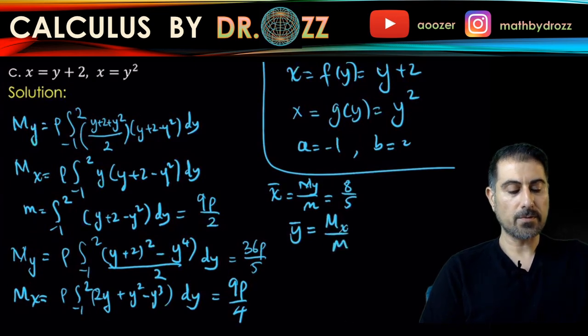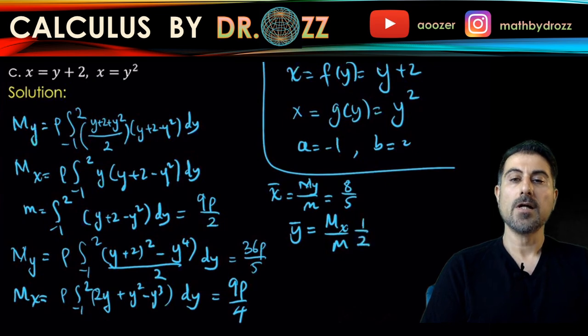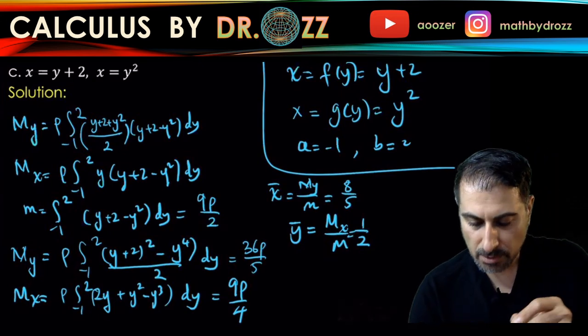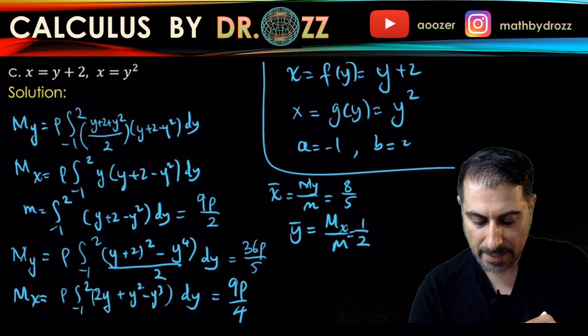Okay, it's just going to be 1/2. So this tells you the x and y coordinates of the center of mass. It's 8/5 and 1/2.